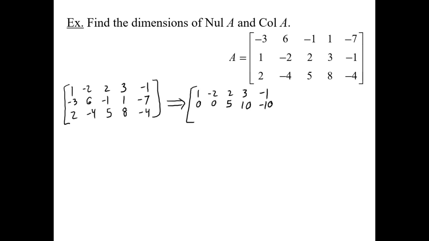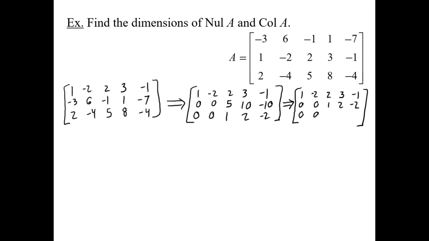Multiply the top row by -2 and add the bottom row, we get 0, 0, 1, 2, -2. Okay. And then if I take the middle row and divide by 5, we get 0, 0, 1, 2, -2, which of course is the same as the bottom, so then the bottom would become all zeros.